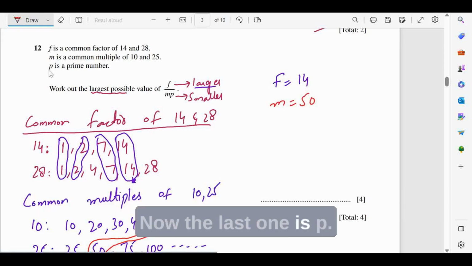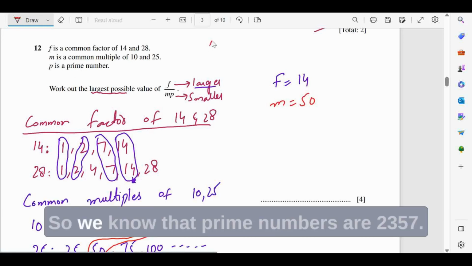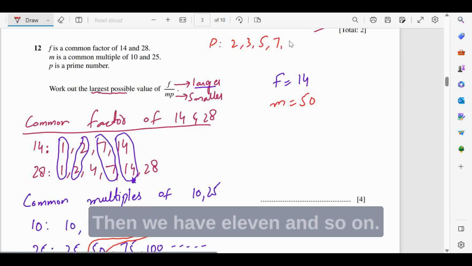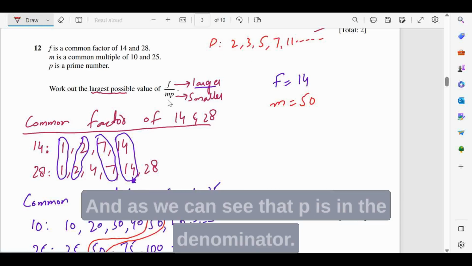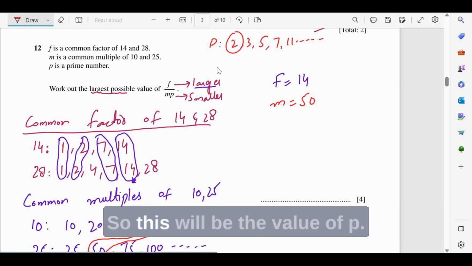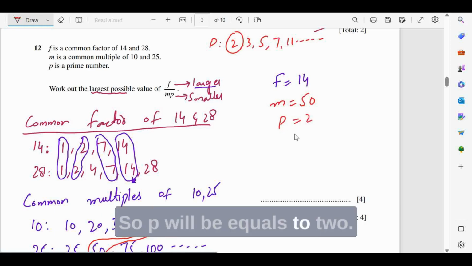Now the last one is P. P is a prime number, so we know that prime numbers are 2, 3, 5, 7, 11, and so on. As P is in the denominator, we are interested in the smaller prime number. So P will be equal to 2.